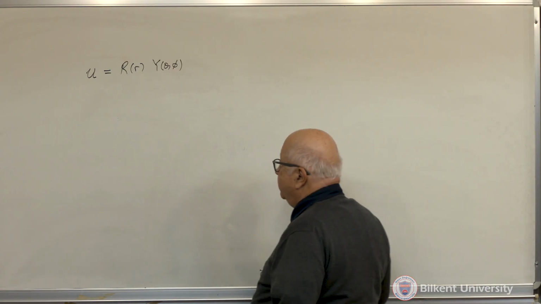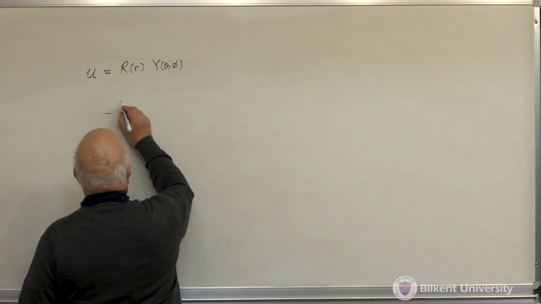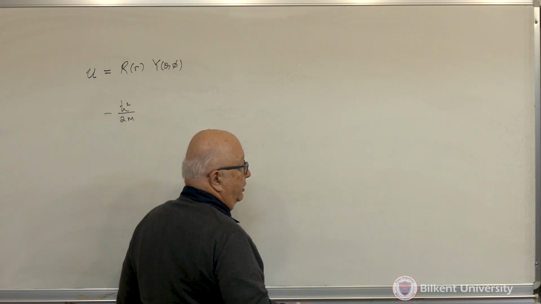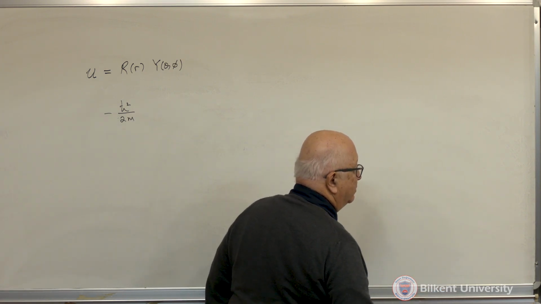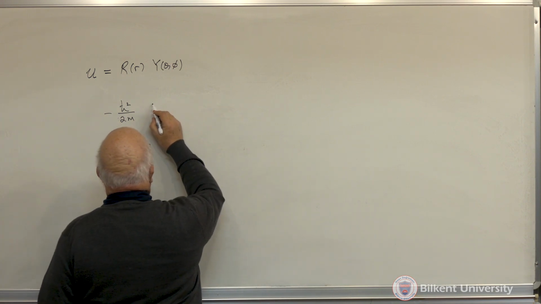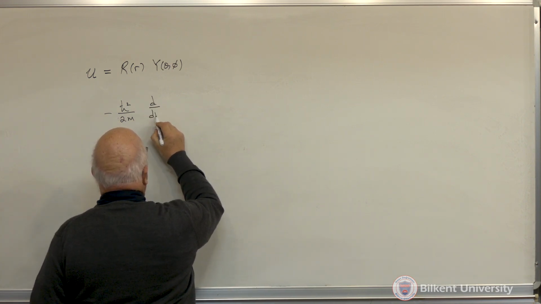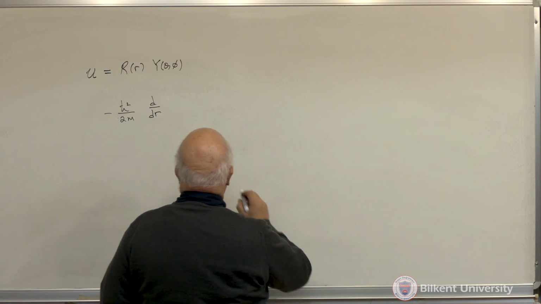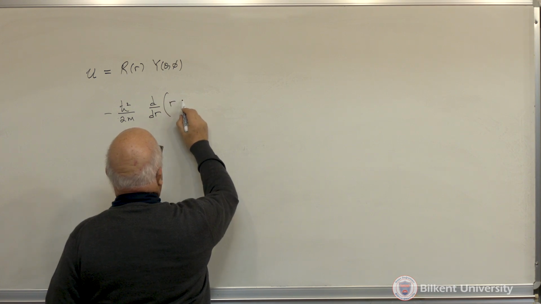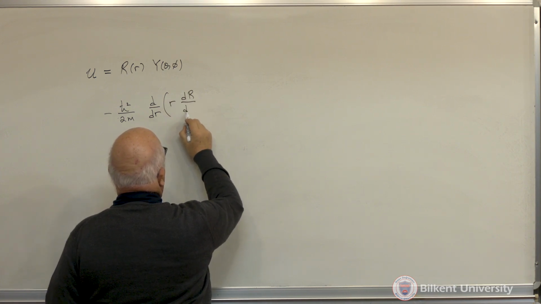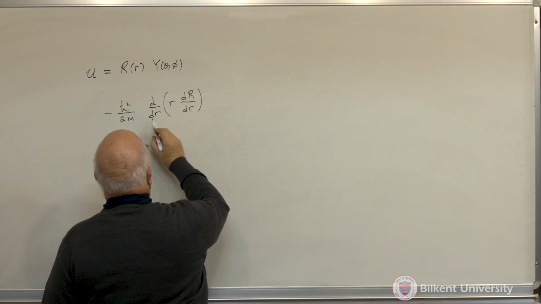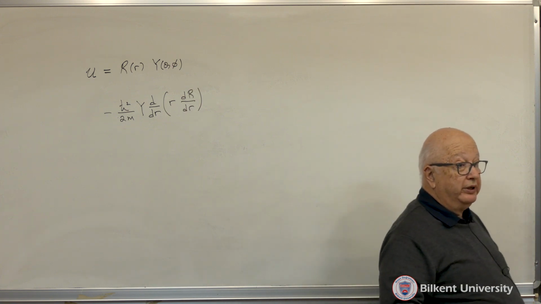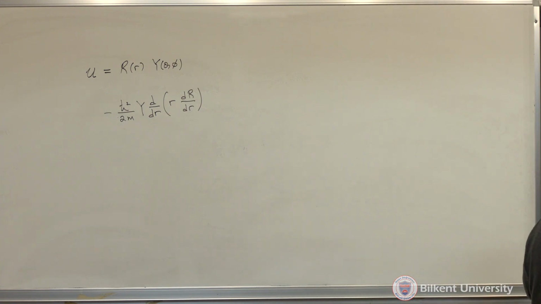Maybe I can do them both in the same step. Minus h bar squared over 2m. I'll multiply everything by r squared. So it's going to be d dr, an ordinary derivative because now it's going to operate only on R, r squared dR dr, times Y, because Y is a function of theta and phi only. So it just comes out.